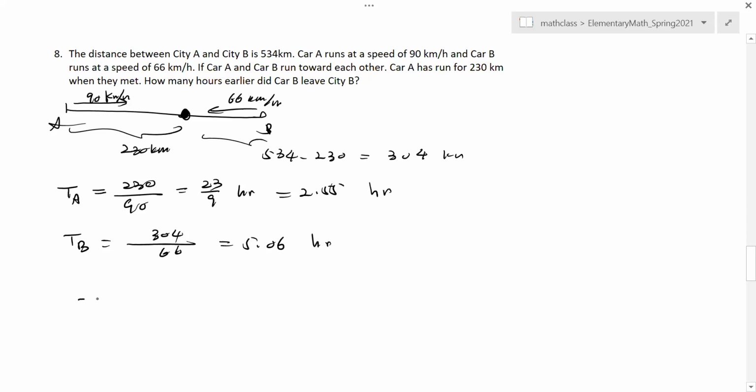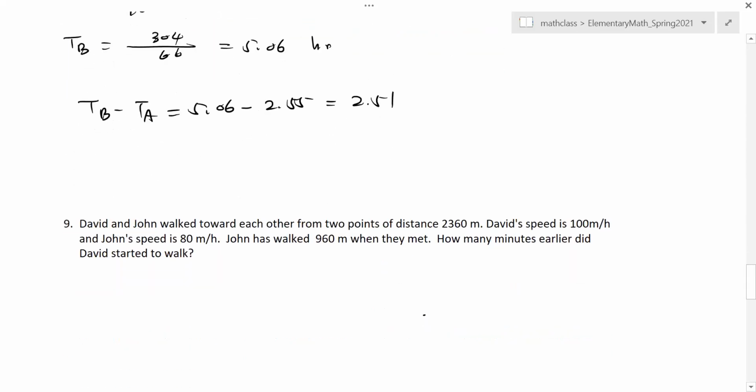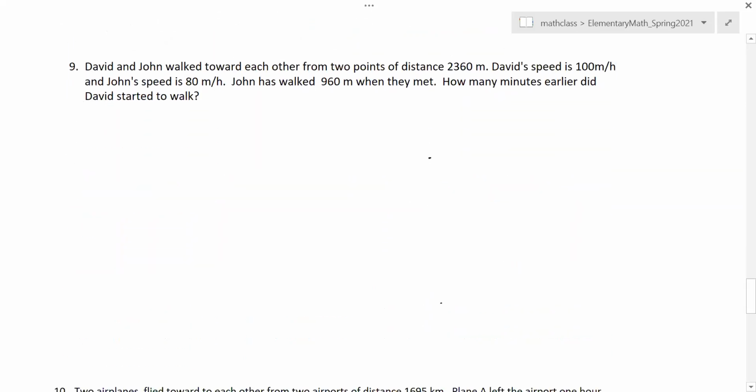Then the difference is 5.06 minus 2.55, which is 2.51. So this is the time difference, and clearly car B leaves earlier, 2.51 hours earlier. Okay, so that's it. Let's move on to the next problem.